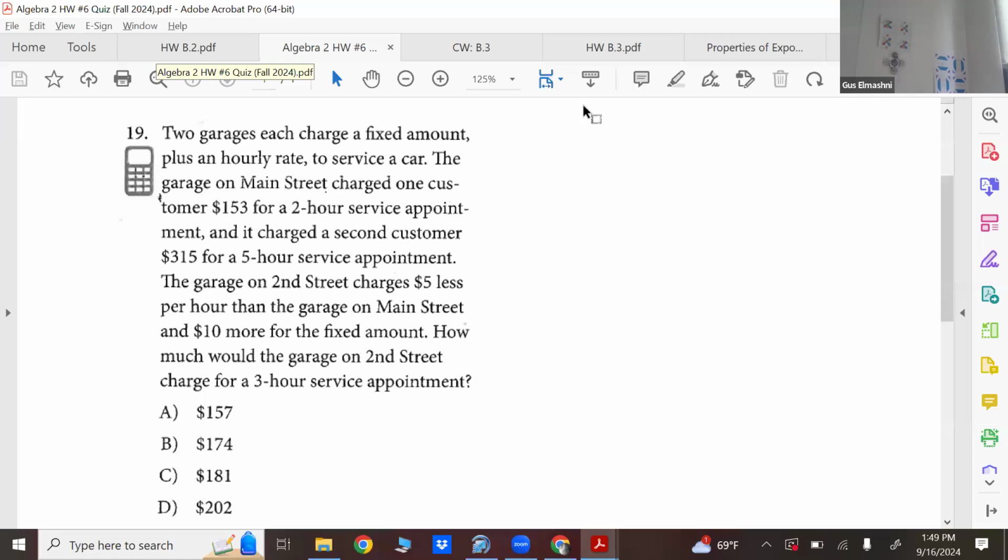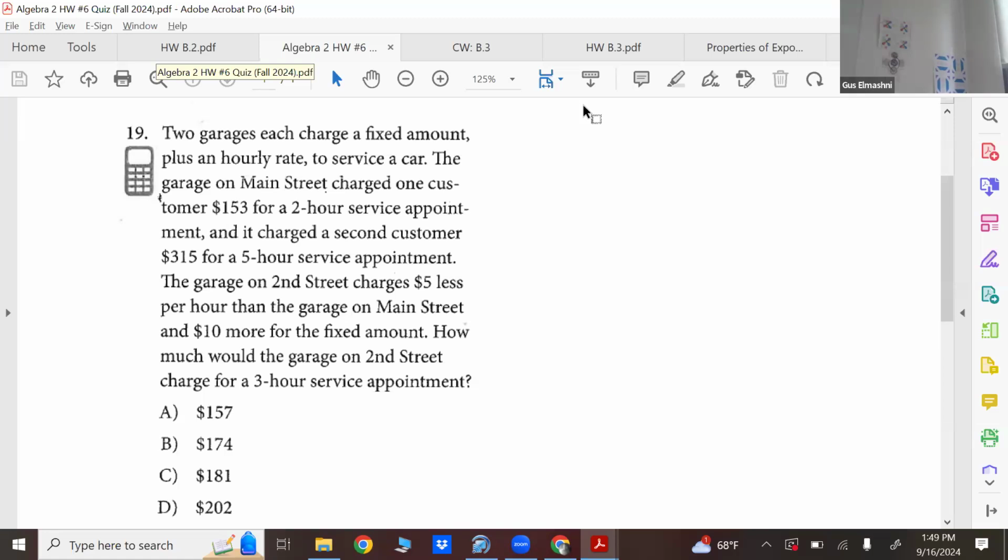Well, I think the fixed amount is, we can do, this sounds good.